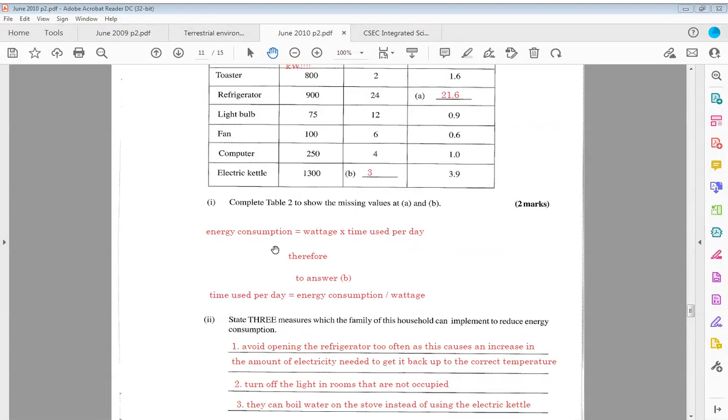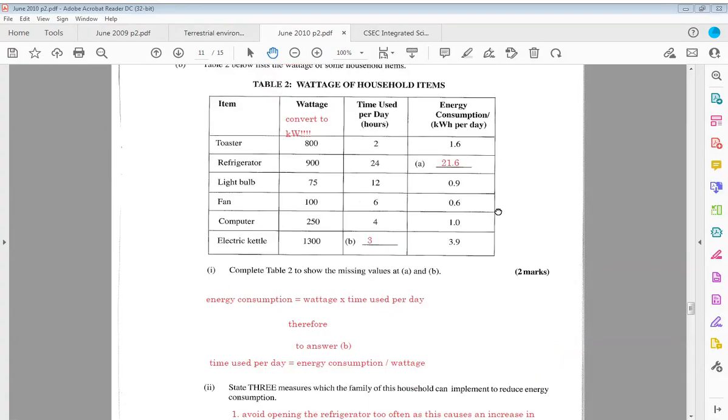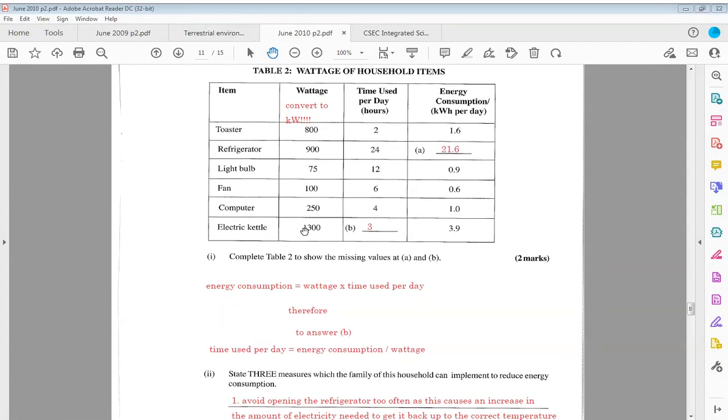If energy consumption is equal to wattage multiplied by the time used per day, how would we find B? We'll just switch around the formula. So time used per day will be the energy consumption divided by the wattage, and that will give us the 3.9 divided by 1300 divided by 1000, which is 1.3, and that is going to give us 3 hours.